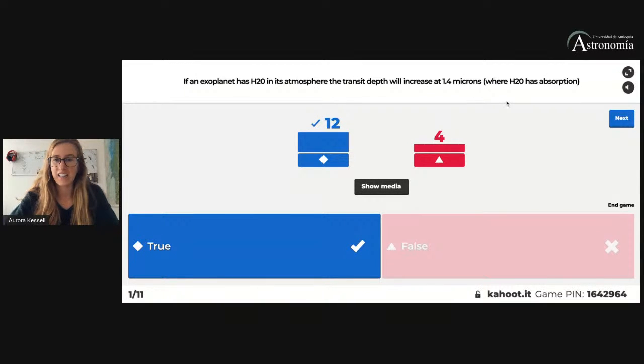Okay, great. Yes, most of you got this. The transit depth is just how big the exoplanet is. So a larger transit depth means the exoplanet looks bigger, and the exoplanet would look bigger where water is absorbing, because the cloud where water is will make the atmosphere look bigger at that wavelength.